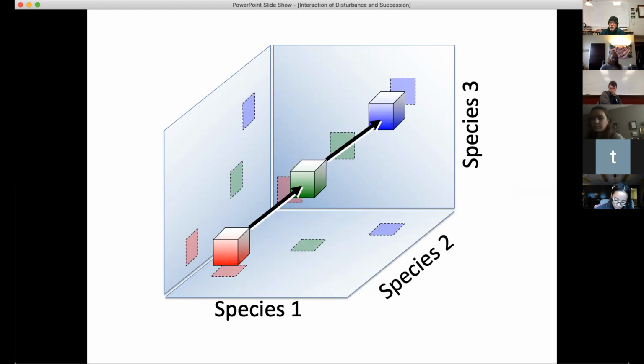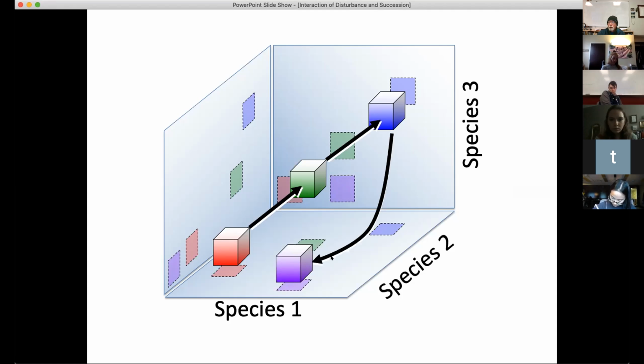But then a new disturbance comes along, and rather than knocking that community back to the place that it was before, it takes it to a place where there are very few individuals of species 2 and species 3, but there are a lot of individuals of species 1.